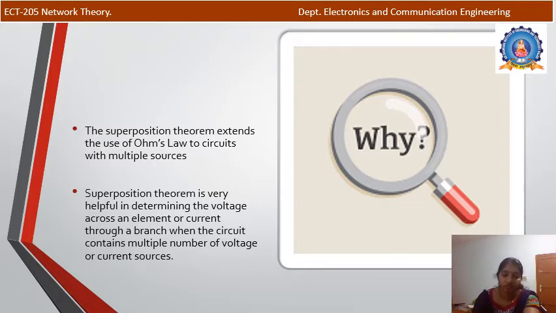Or when you have a choice of different methods, mesh, node, whatever, if your question is to find the current through a particular element and the circuit contains more than one source, it will be easier to use the superposition theorem. The superposition theorem finds the current through the element by considering only one source at a time and adding all the currents through the element produced by the different sources.